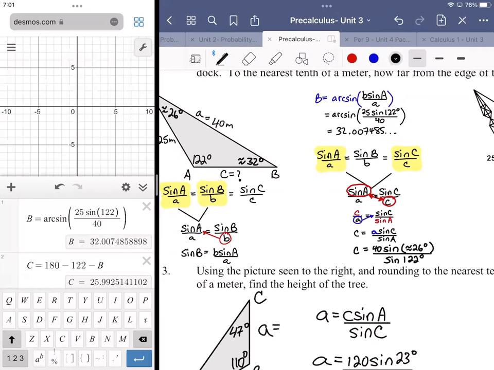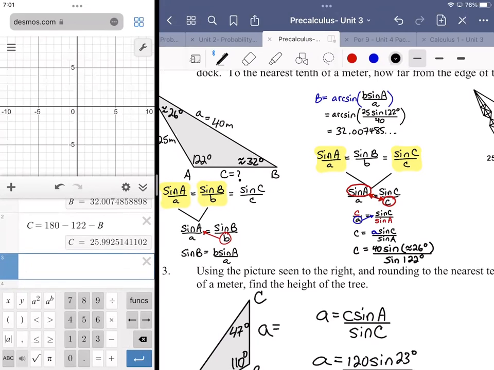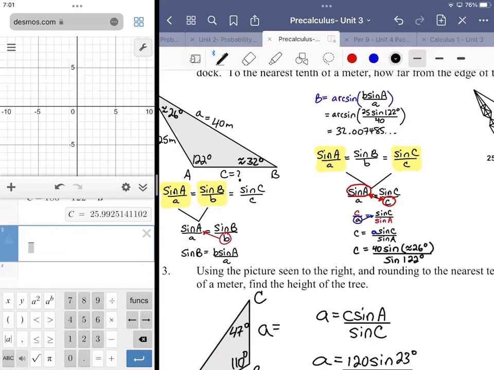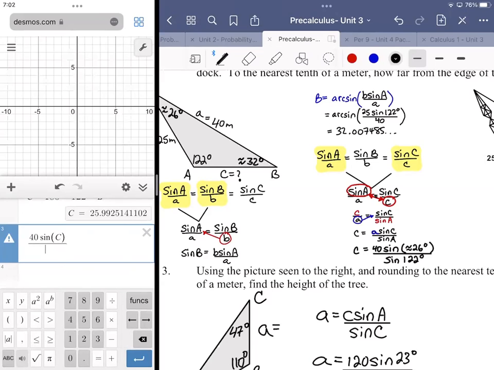So what I would do at this point to figure out side C is just pop this in, but I'm going to use a capital C instead of typing in the 26. All right, so 40 sine capital C over sine 122.